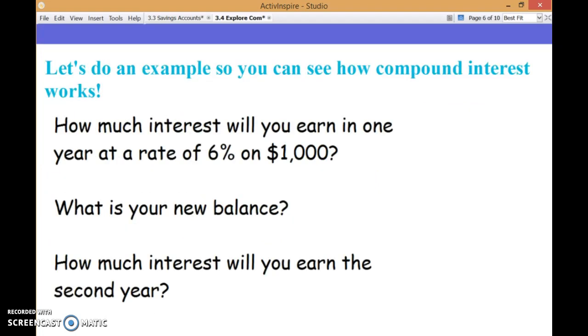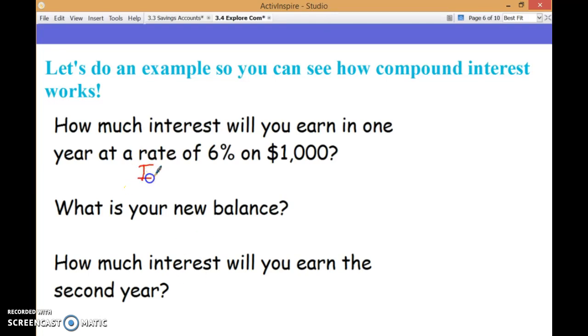So let's go ahead and do an example so you can see how compound interest works. So it says first, how much interest will you earn in 1 year at a rate of 6% on $1,000? So this is just a simple interest problem, right? We have my principal, we have my rate, and we have my time period. So I'm going to go ahead and plug that into my formula.